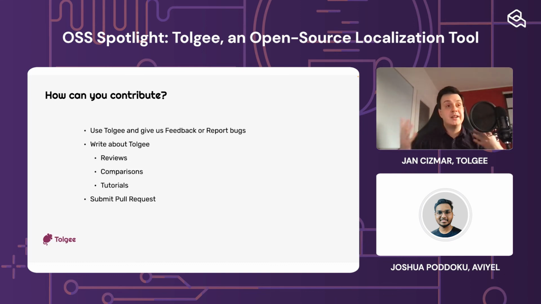We can write some reviews, some comparisons, or some tutorials. If you don't know what to write about, just send me an email, and we can find something suitable for you. It could be great for you to learn something new and improve your skills. You can learn how to simply localize any project you are working on. And we would be really happy for that.